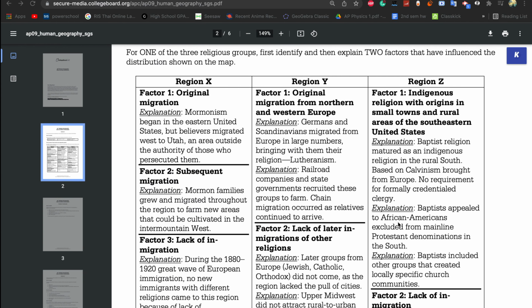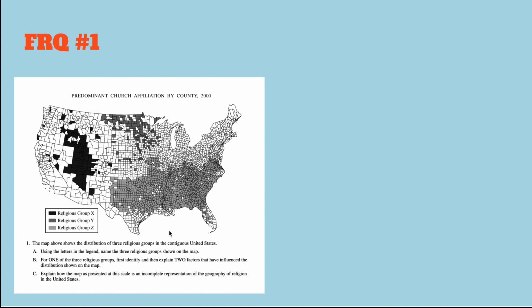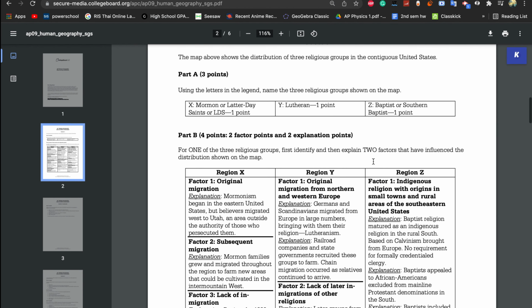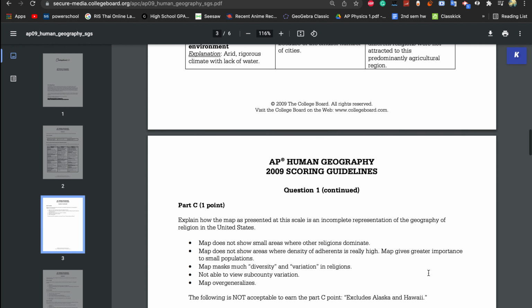So that's part of the reason why most of the Baptists are in that region, which is why you would say the group Z are actually Baptists. So you can talk about that, a lot about migration. That is something important to note. So you do need to identify and explain these deeply.